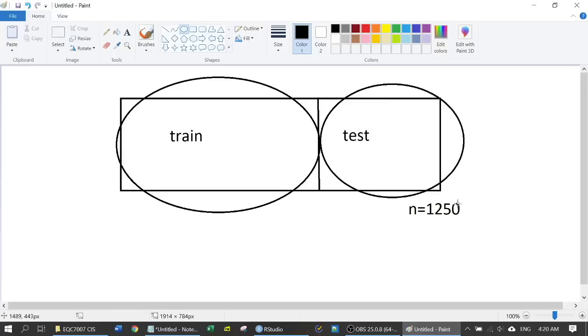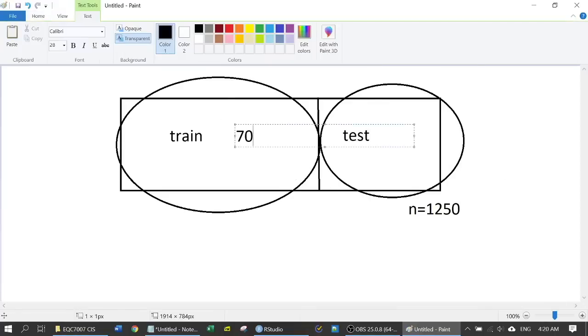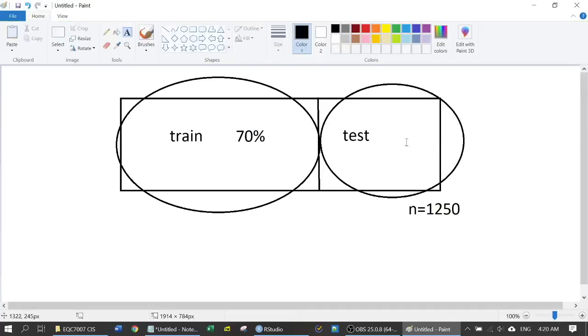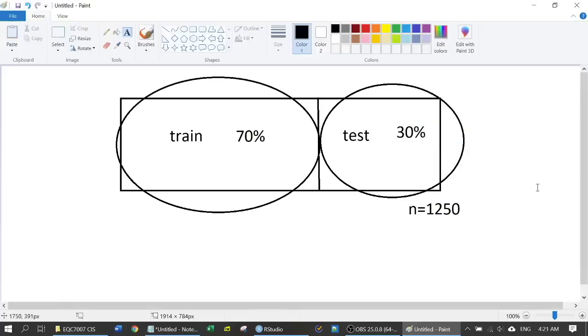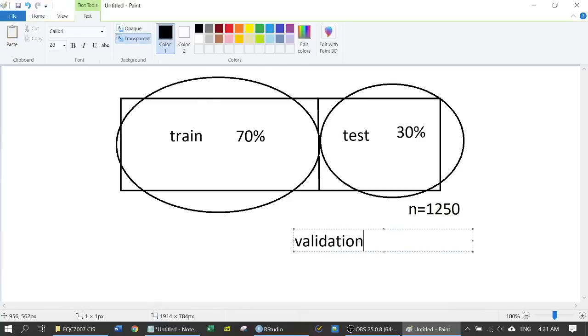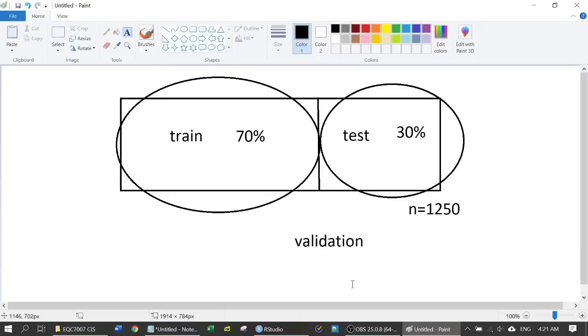In practice, some people use many different compositions. Some researchers might want to use 70% for the training data set and 30% for the testing data set. Or you can change it to 80% for training, 20% for testing, or 50-50. And some researchers have three stages, where they have a third part, which is called the validation.